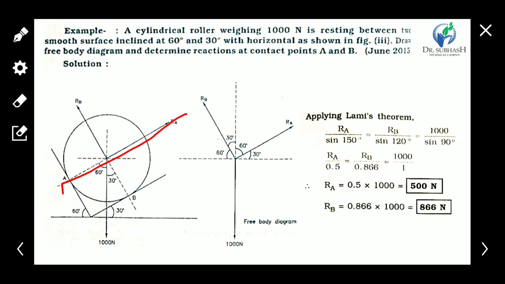Second force, reaction at surface A. Third force, reaction at surface B. So take the first point, one force of weight 1000 Newton perfectly vertical downward. The reaction force at surface A is at 60 degrees with the vertical, and take the reaction force at surface B with the vertical at 30 degrees.